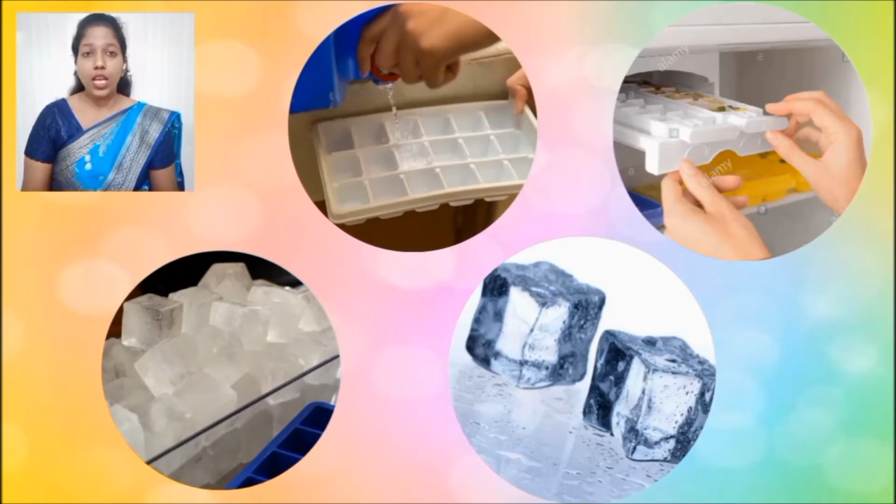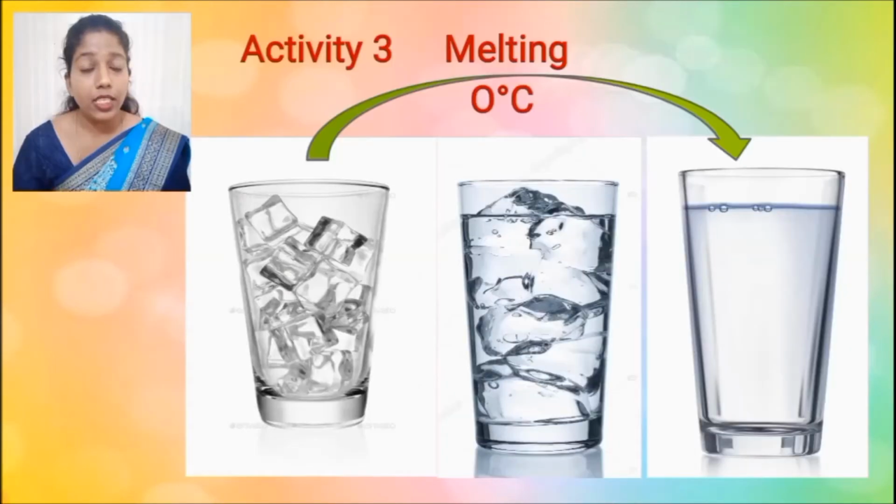Now we have seen how liquid water turns into ice. But when we take a tray of ice out of the freezer, how does the ice appear after some time? We will understand it by an activity. Take some ice cubes and put them in a glass, as you can see in the first glass. Observe after some time.